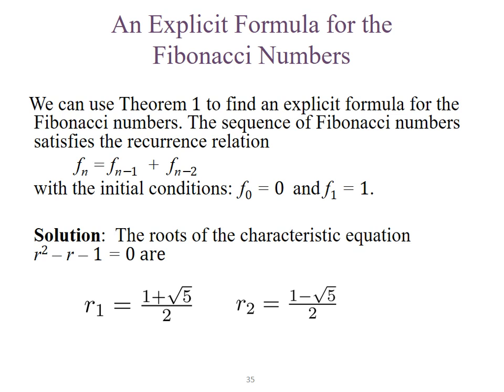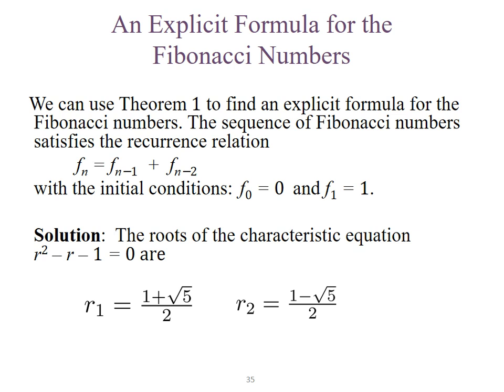All right, next let's see another example, the Fibonacci numbers. We already know this recurrence relation, and we know the initial conditions are f_0 is 0 and f_1 is 1. Now we will transform this recurrence relation into the characteristic equation. So we know it applies to the previous two terms.